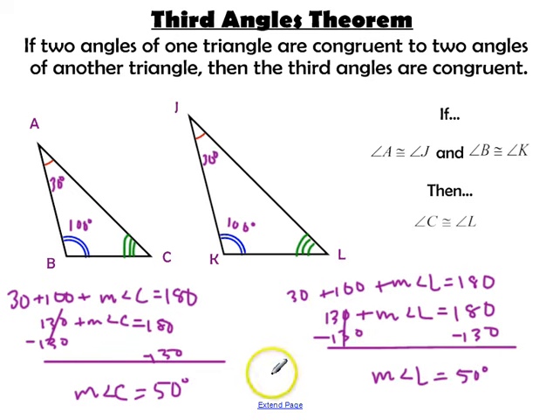So just as we had suspected, the measure of angle C and the measure of angle L are congruent because they're both 50. So just let this be an example that shows you that if two different sets of angles of one triangle are congruent to two of the other, then the third angles have to be congruent. And again, this only works with angles because each triangle has to have 3 angles that add up to 180 degrees. That's it for this set of notes.